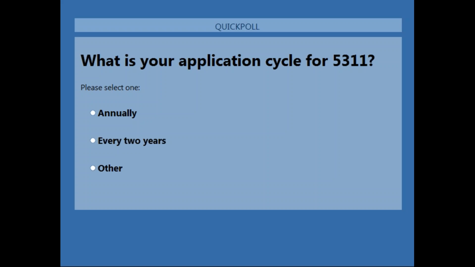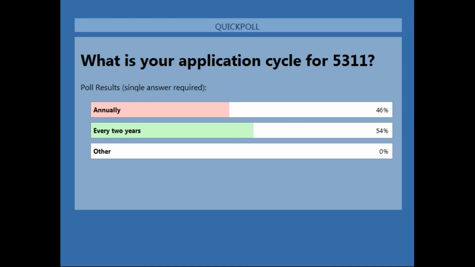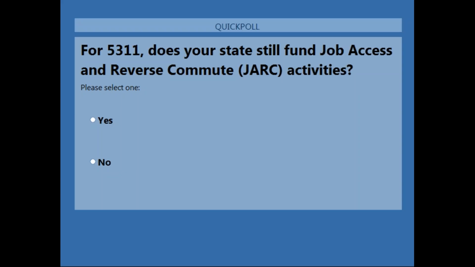Okay, just another second. All right, so that's more even than the last one. So 46 annually and 54 biennially. And then the other idea we had for a poll was about JARC and if you still fund those activities. So we'll ask that one.